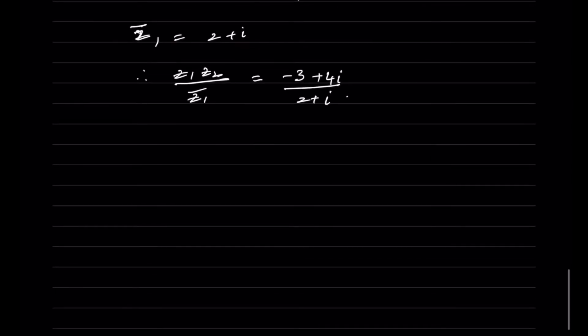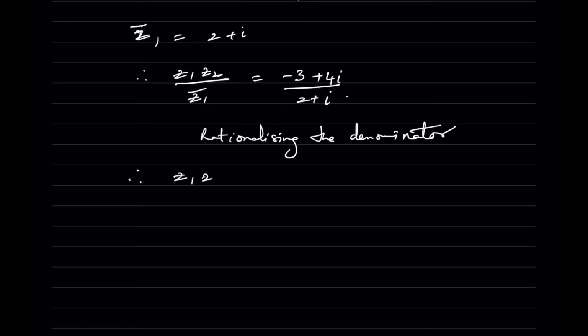So now, rationalizing the denominator, or multiplying the numerator and denominator by (2 - i) by (2 - i), we get z1 z2 divided by z1 bar is equal to -3 + 4i divided by 2 + i into (2 - i) by (2 - i).